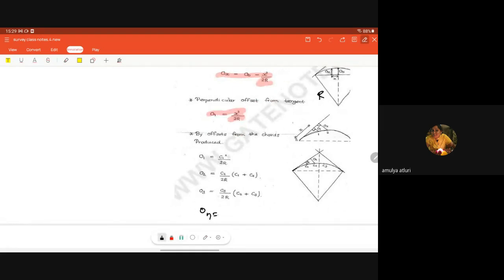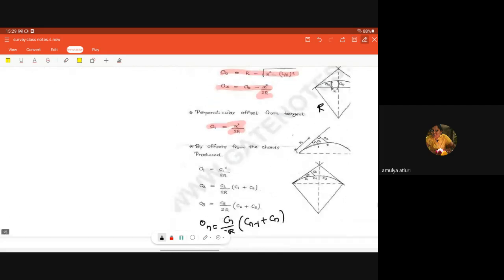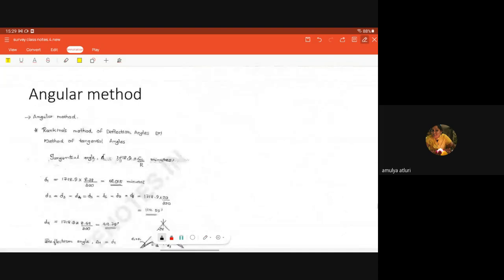ON is equal to Cn by 2R into Cn minus 1 plus Cn. So this is the linear method, and next, the angular method.